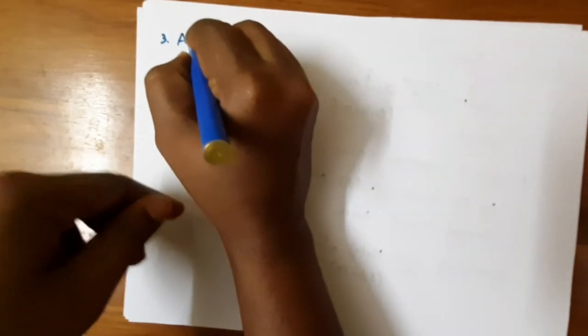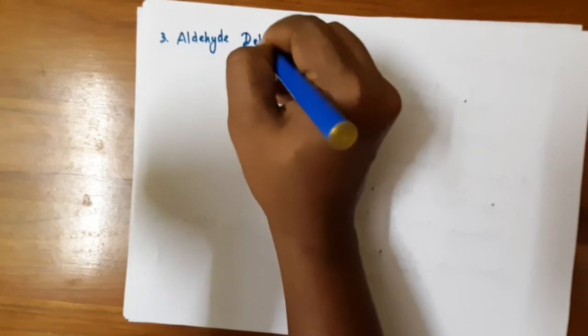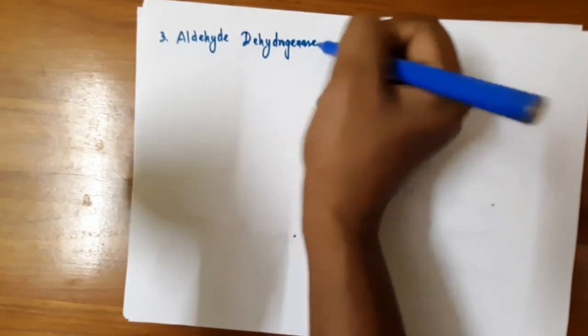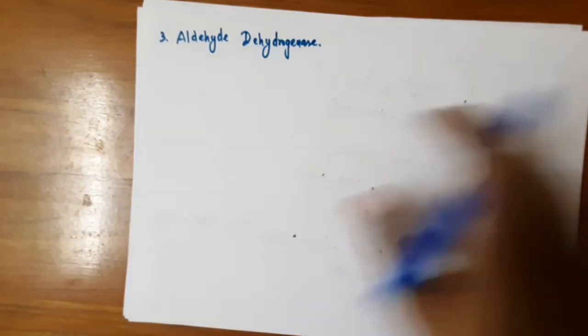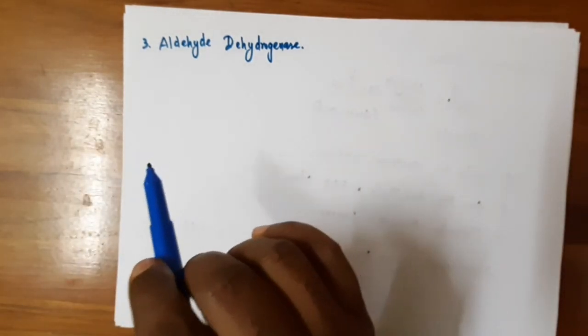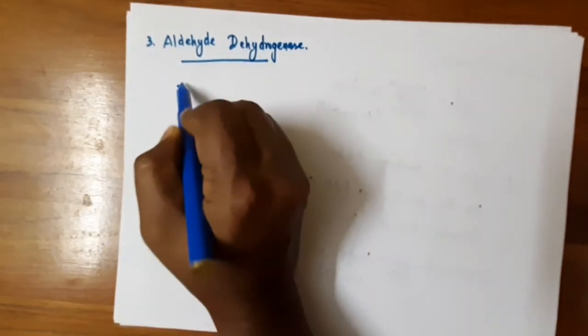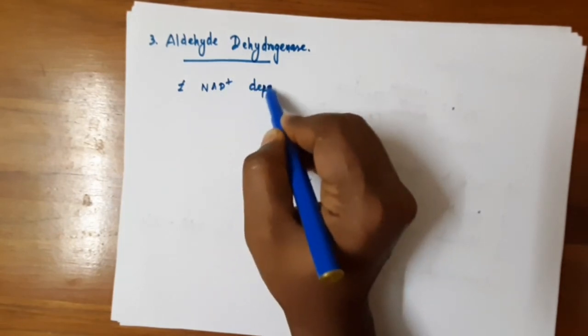Next, the third one, aldehyde dehydrogenase. Before going to this, if you see xanthine oxidase and aldehyde oxidase, both have the active species of molybdenum 4. But in the case of aldehyde dehydrogenase, this is an NAD plus dependent enzyme.